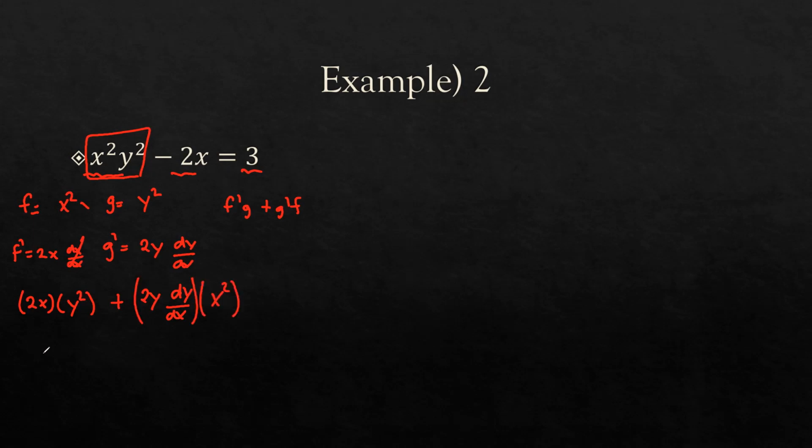And then if you FOIL this out, this is 2x y squared plus 2x squared y dy/dx equals 0.